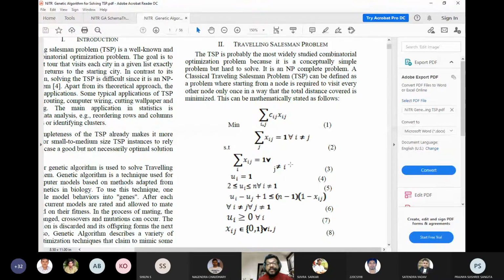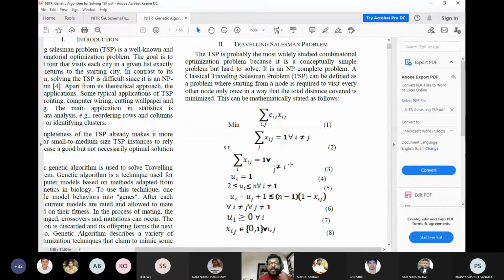It's a 56-page document, to look into how genetic algorithm is used to find the solution to a TSP. One can very much compare dynamic programming and genetic algorithm depending on the effort and quality of the solution. It's an NP-complete problem.